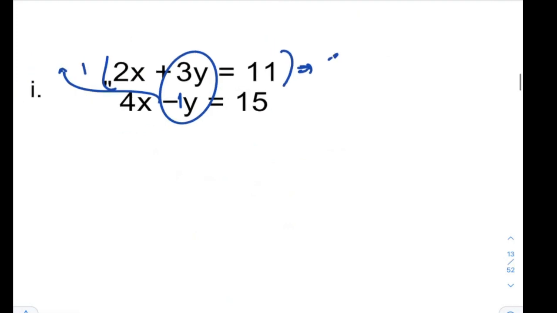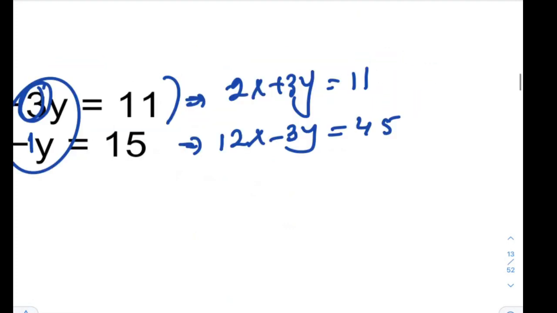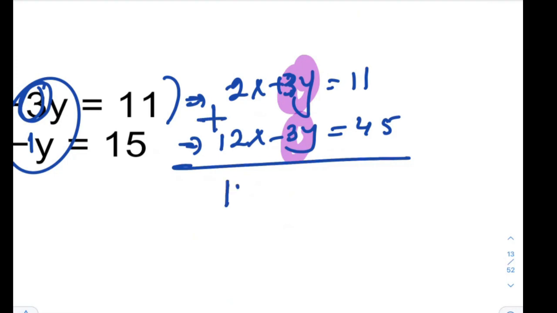It will be 2x plus 3y equals 11. You take this coefficient and multiply it in the second equation. So this will be 12x minus 3y equals 45. We end up with equations with the same coefficients or opposites. In this case, we have 3y and negative 3y, so we will add to eliminate the y.